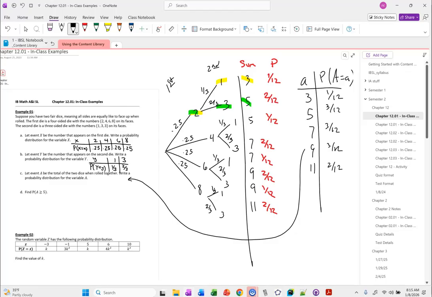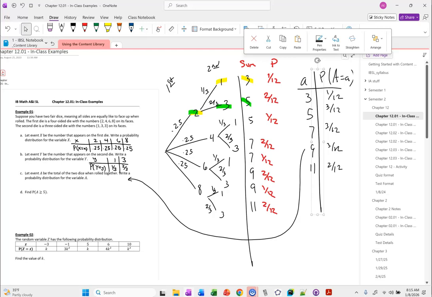Part D says find the probability that A is greater than or equal to 5. So which values can the random variable take that are greater than or equal to 5? Five, 7, 9, and 11. Do we agree?